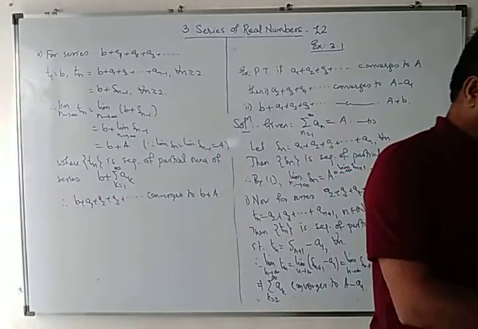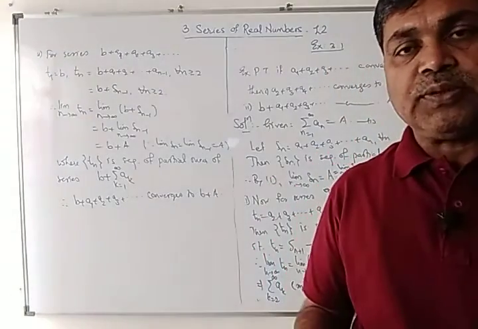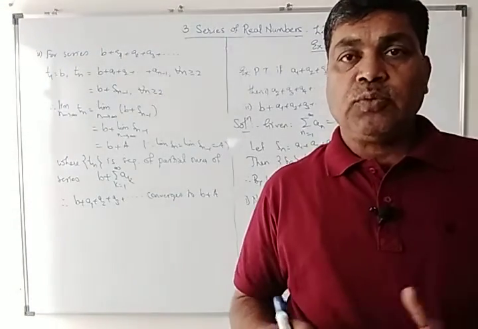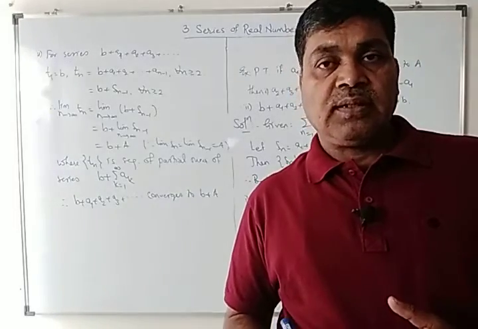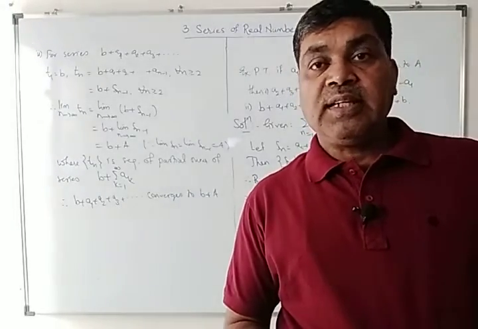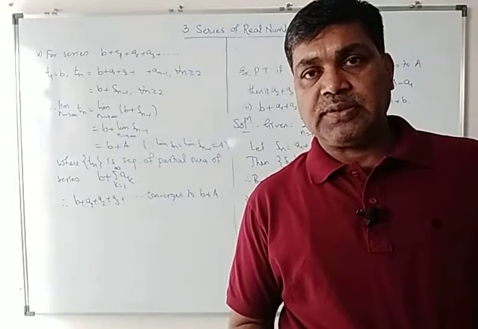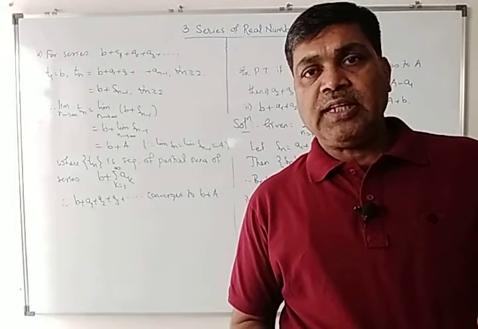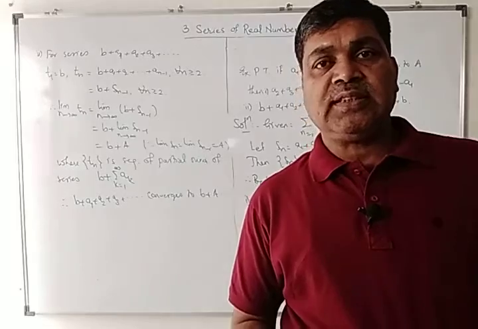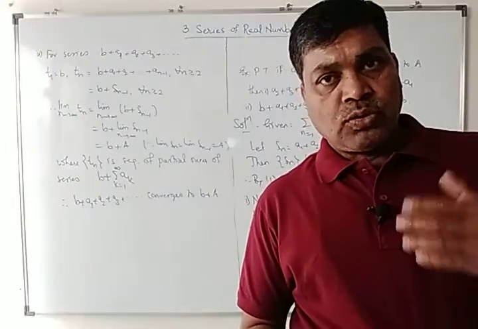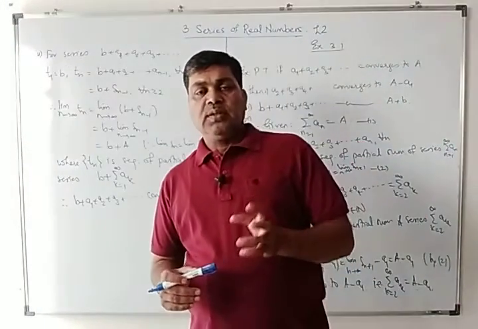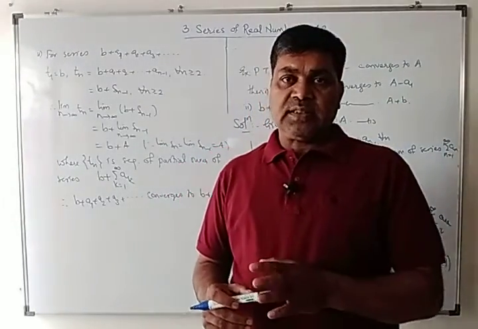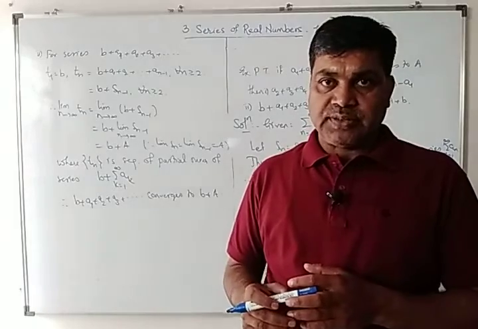So, from a convergent series, if you delete a few terms, here we are proving the result only for one term, but the result is true for any finitely many terms. So, if you delete a few terms from a convergent series, then the new series converges to the sum of the original series minus the sum of the removed terms.